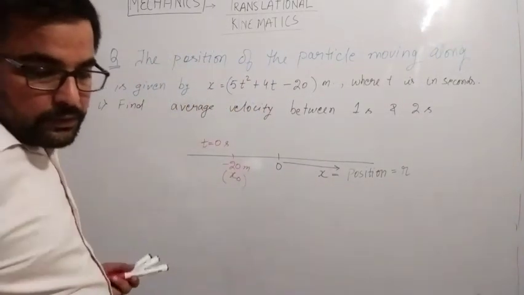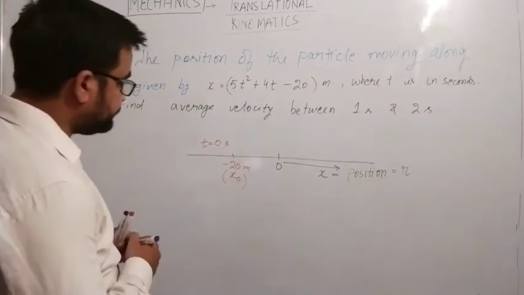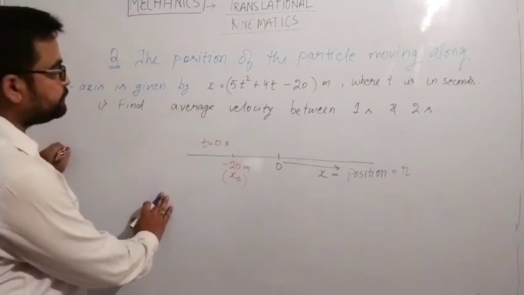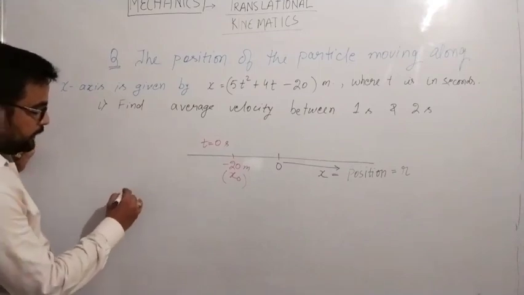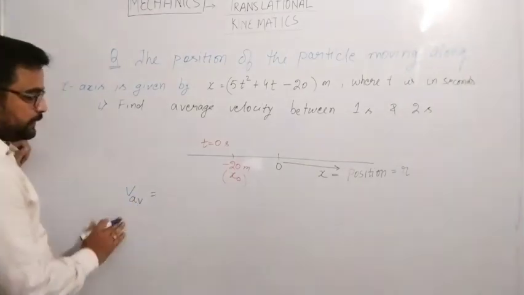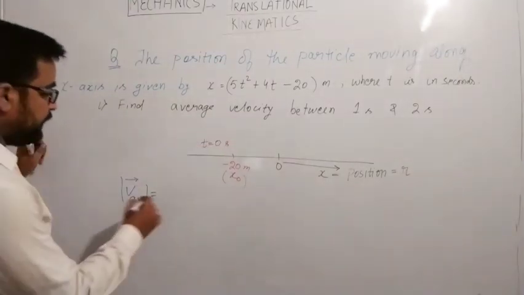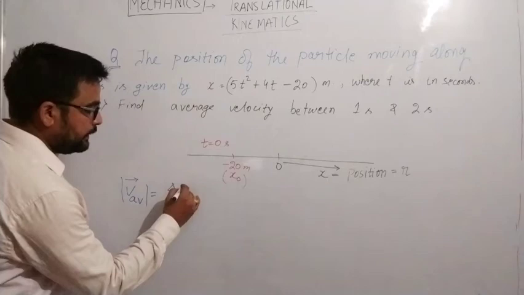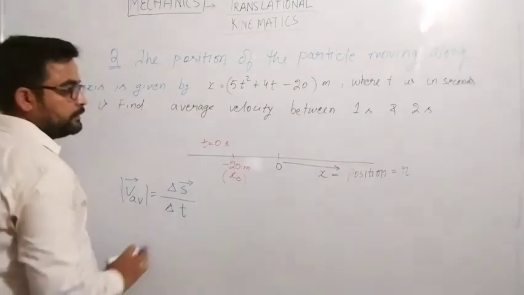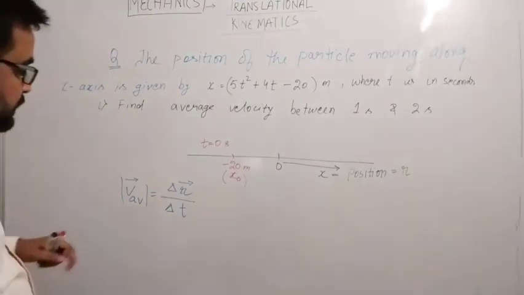So find the average velocity between 1 second and 2 seconds. You know that v average, I am talking about the magnitude, is given as delta s upon delta t, or you can write delta r upon delta t, as we have taken position vector r here.